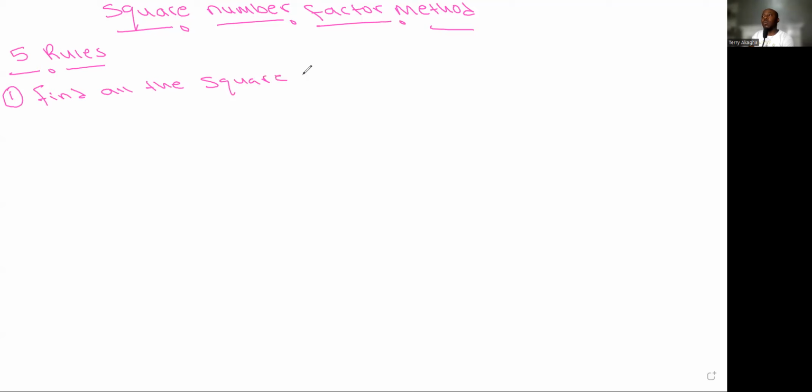So you have to find all the square numbers that are factors of the number under the root.